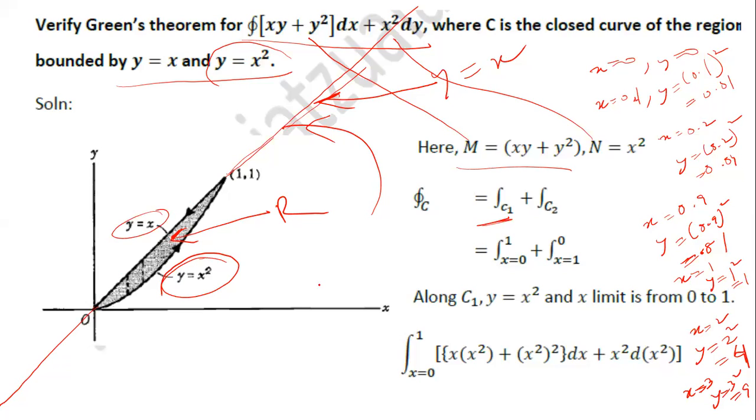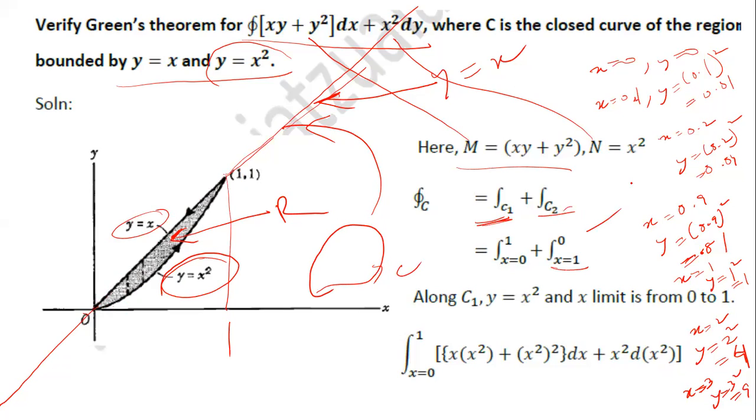So the complete loop integration, that is C here, can be divided into two segments, one C1 and another C2. As you travel from this point to this point along y equal to x squared, the x value will change from 0 to 1, and from this to this, as you come back, x will go from 1 to 0.